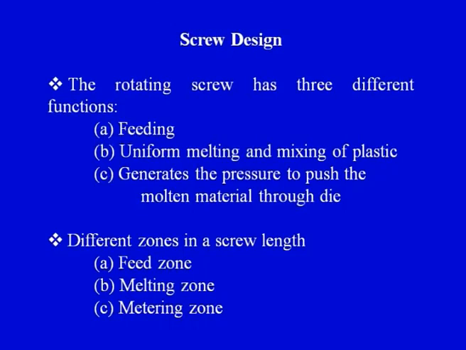So the rotating screw has three important functions, which I will again revise. It is used for feeding, it ensures uniform melting and mixing of the plastic, and finally it generates adequate pressure to push the molten material through the die into the final product.